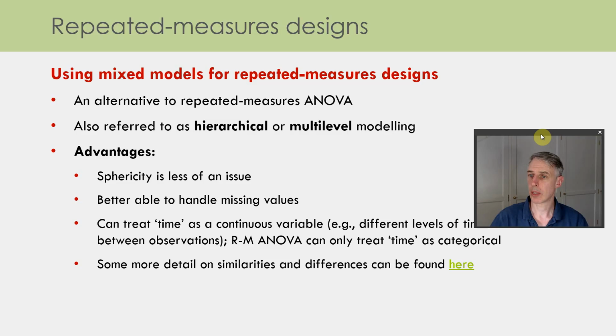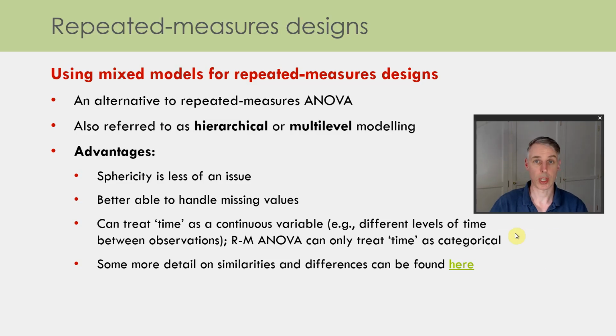So why think about using a mixed model rather than a repeated measures ANOVA? Well, a mixed model has several advantages over repeated measures analysis of variance. One is that it doesn't have that assumption of sphericity. So if you recall from your repeated measures ANOVA coverage last year, sphericity refers to the assumption of equality of variances of the difference between pairs or combinations of conditions.